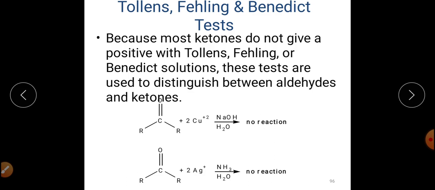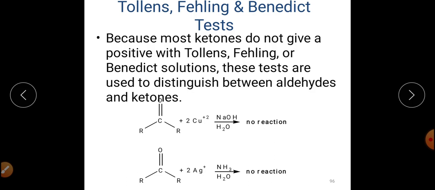Then we have to differentiate whether this C=O group is part of an aldehyde or a ketone. We can use these three tests for the identification of aldehyde in any sample.